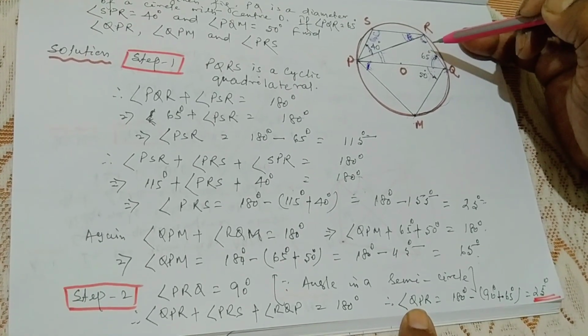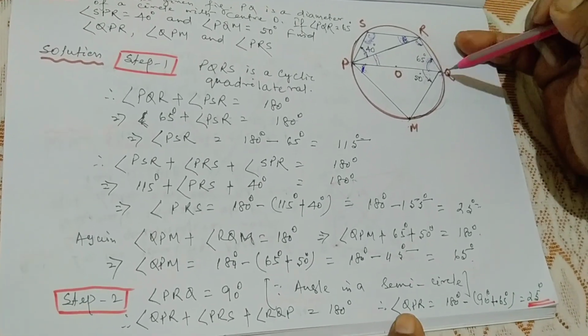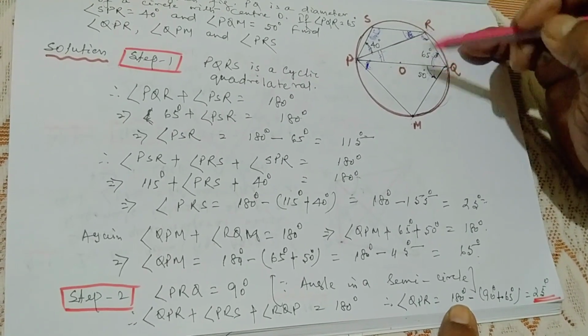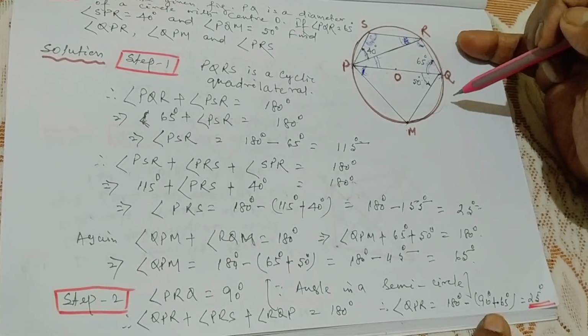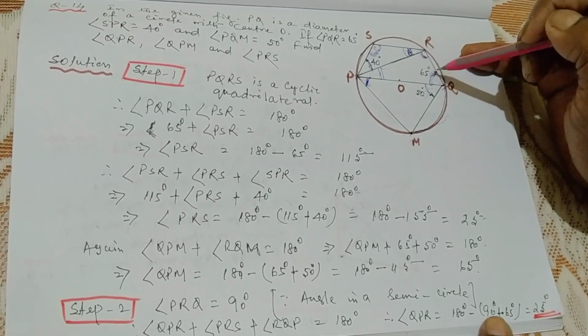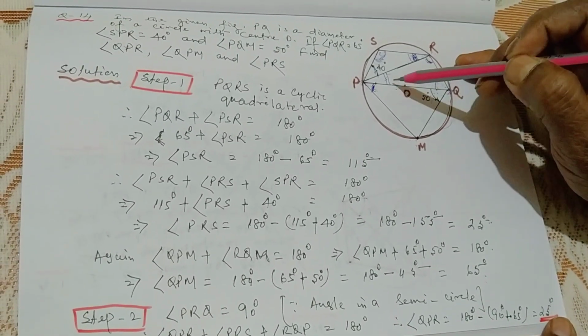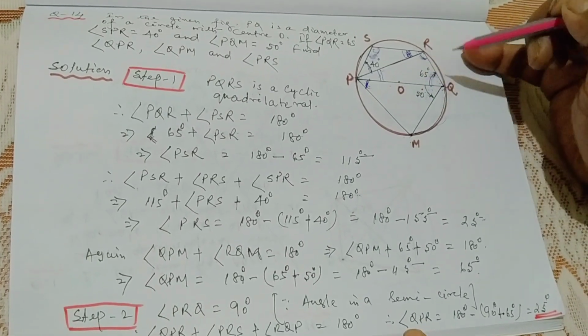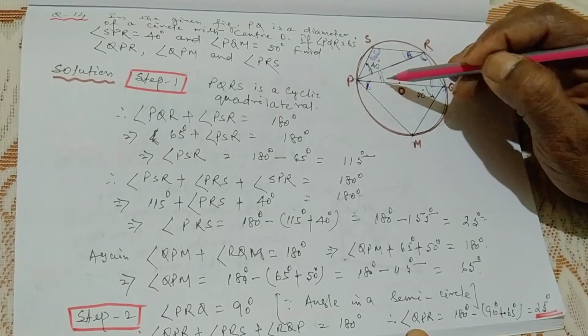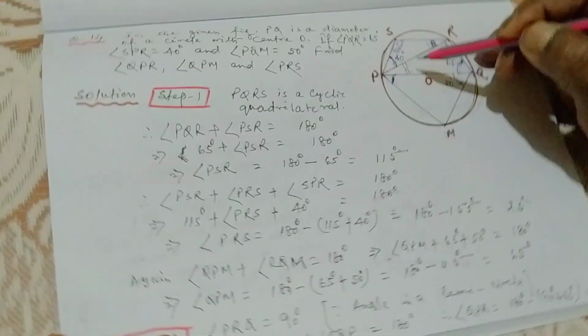So therefore angle QPR is equal to 180 minus the sum of these two angles, 90 plus 65. It is 90, it is 65. So that is equal to 25 degree. The value of the angle QPR is equal to how much? 25 degree. This is the answer.